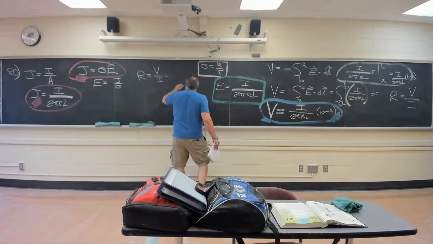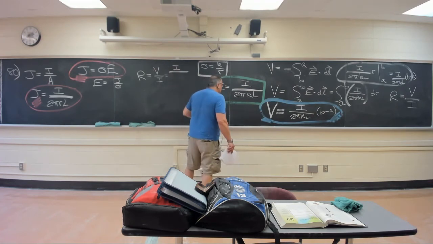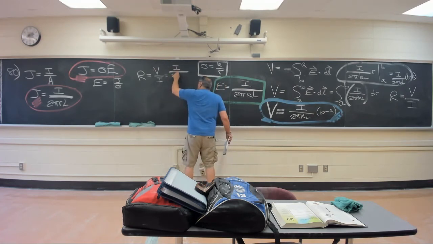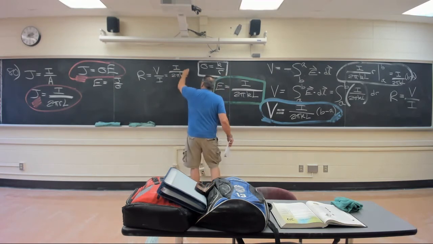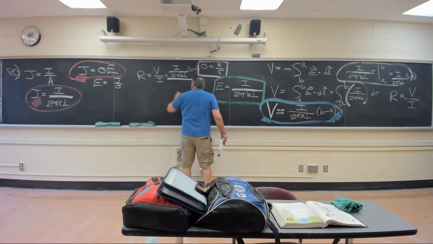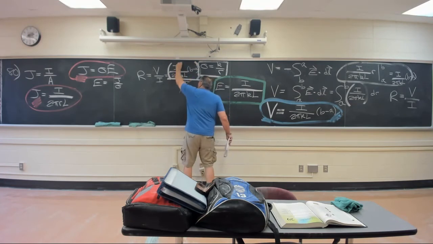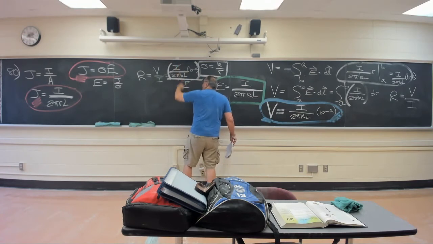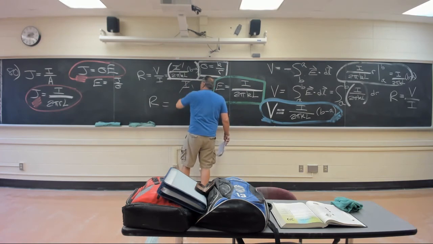I think we know where this is going, guys. We got 2 pi k capital L times B minus A. Well, all of this is V, all of this is I. One right here, one right there, you know the deal.